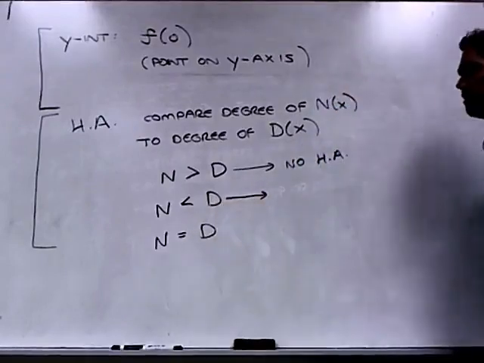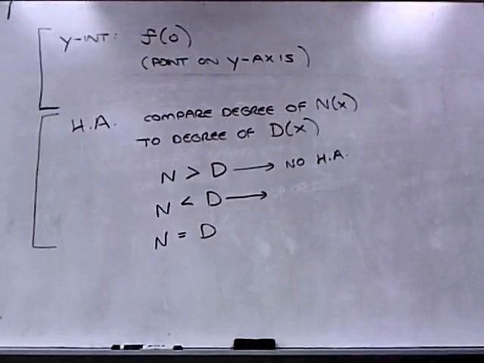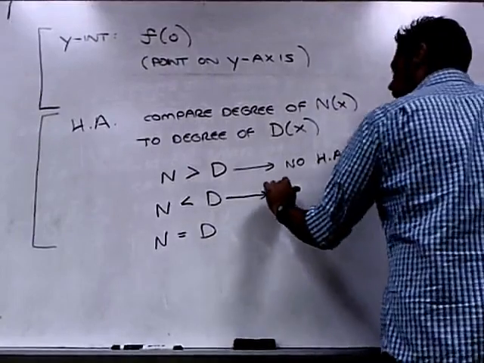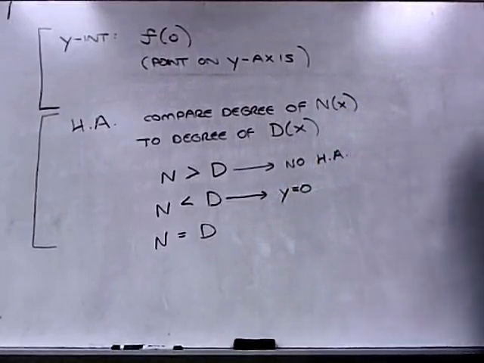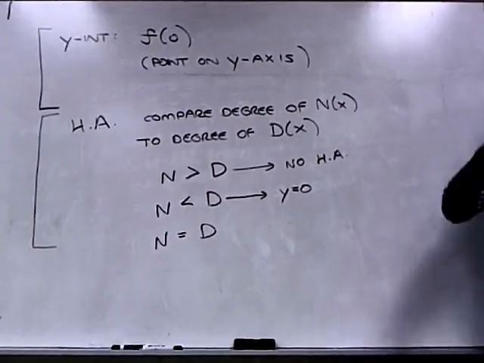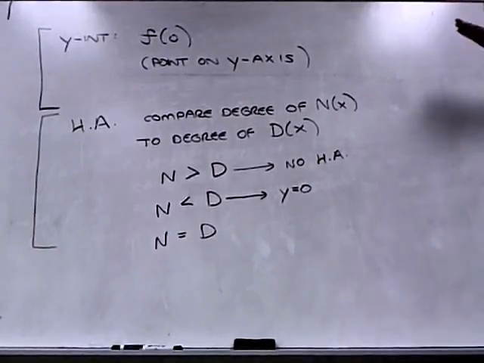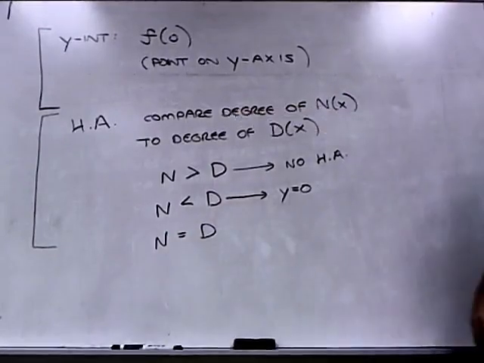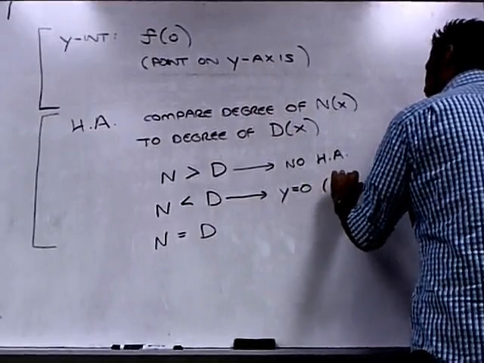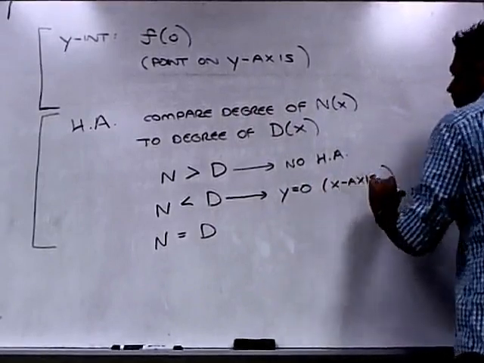If the numerator degree is less than the denominator, then y equals 0 is your horizontal asymptote. What's y equals 0? It's the x-axis. Y is up and down, right? If y is 0, then we're talking about the x-axis. So the x-axis will be your horizontal asymptote.